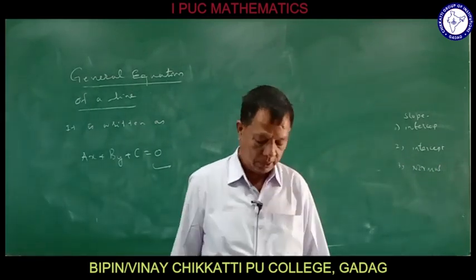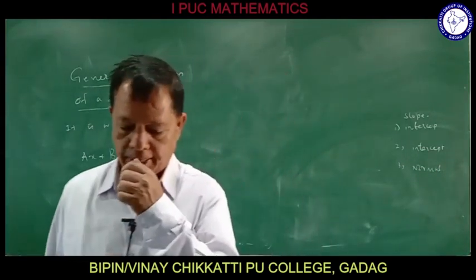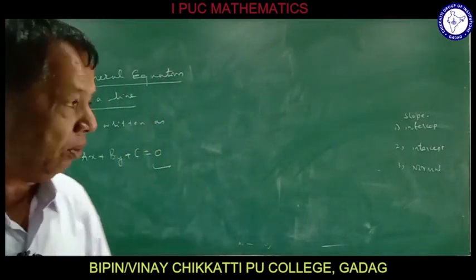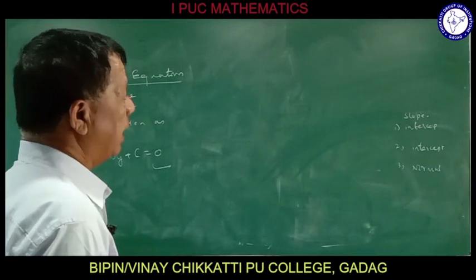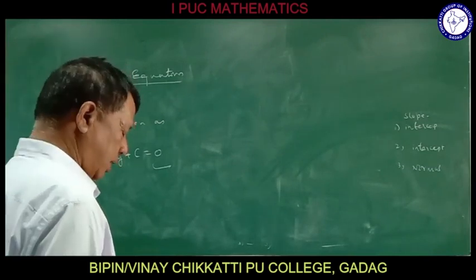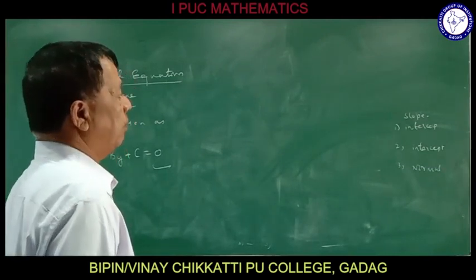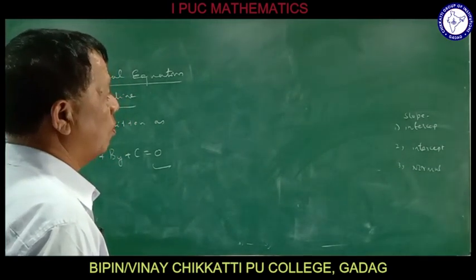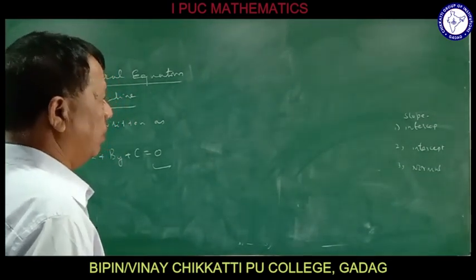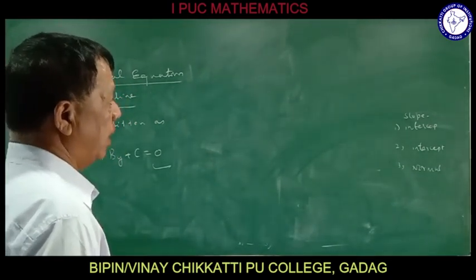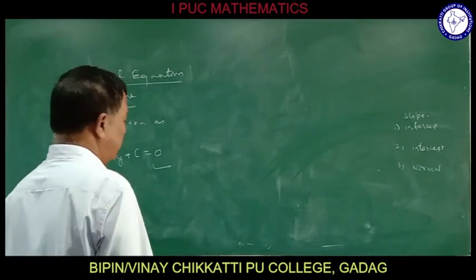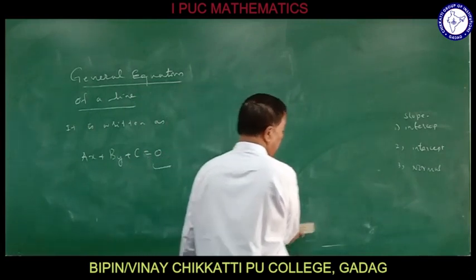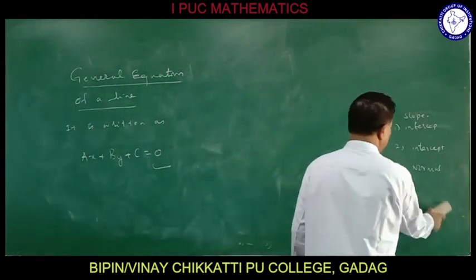The two-point formula is not at all reducing, and the slope point formula we are also not reducing. Only slope intercept, intercept, and normal: these are the three forms to which the general form is to be reduced.